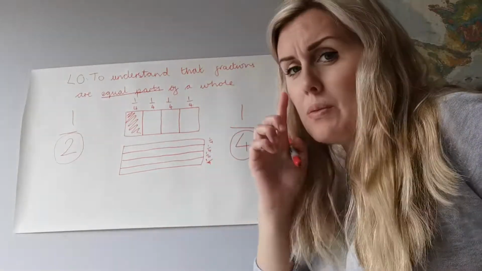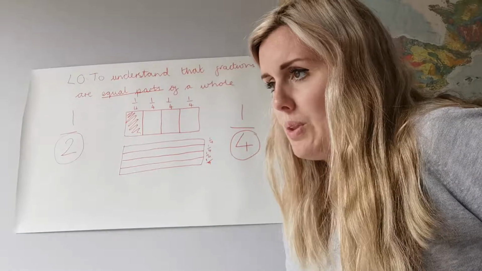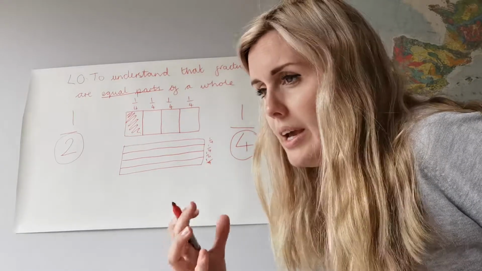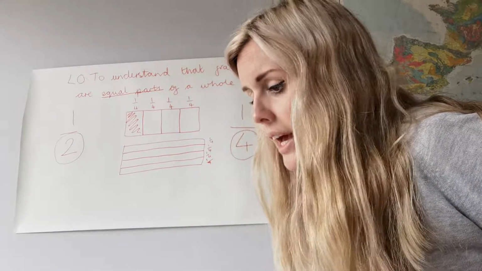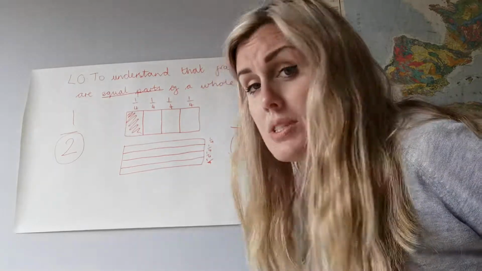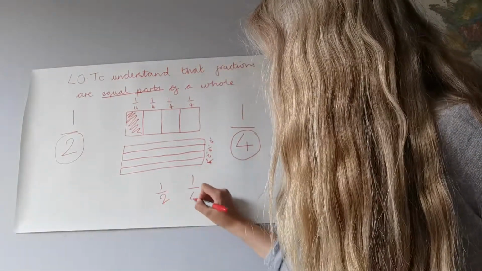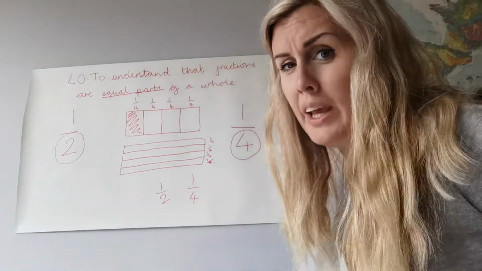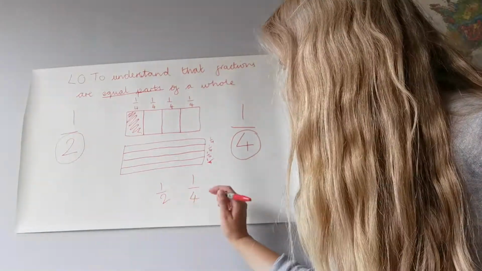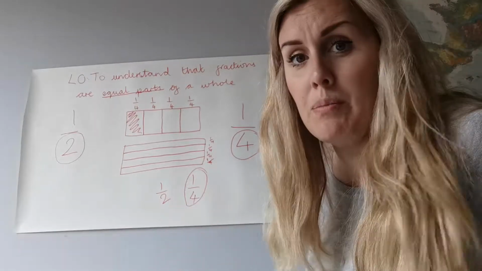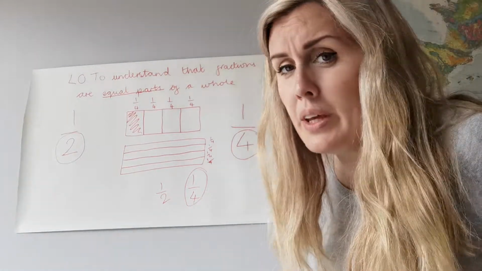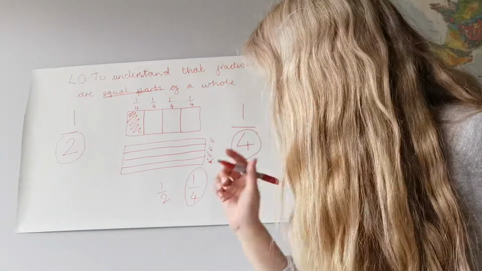So there is a problem though. Some people think, okay, imagine if you had chocolate and someone said, do you want half or do you want a quarter? And when you see those two there, you think, oh, that one, because it's got a bigger number. But have a little think.